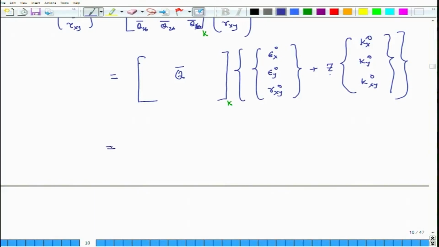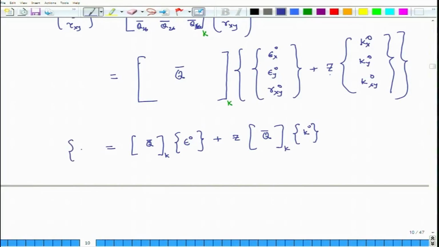So, this is equal to, in short, I can write it as q bar for the kth layer times the midplane strain vector plus z times q bar for the kth layer times the curvature vector.